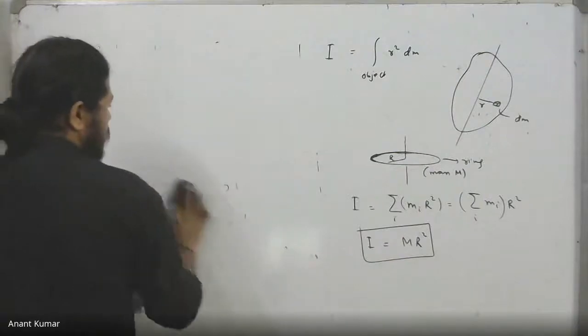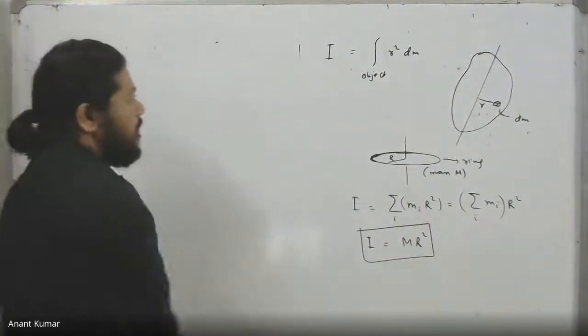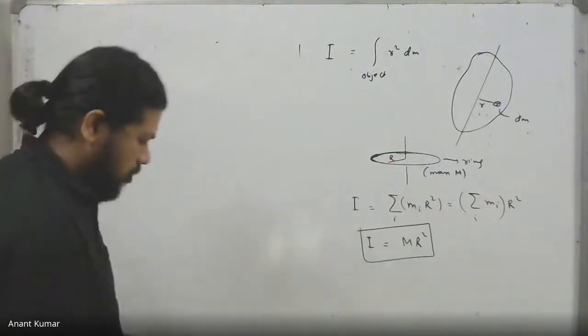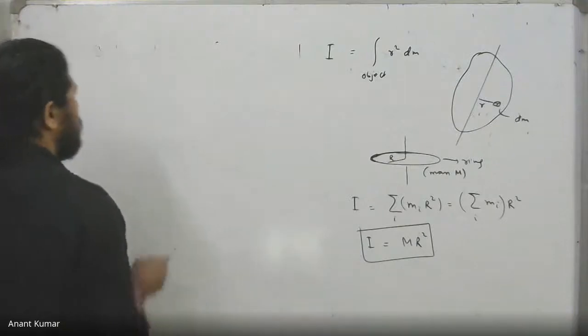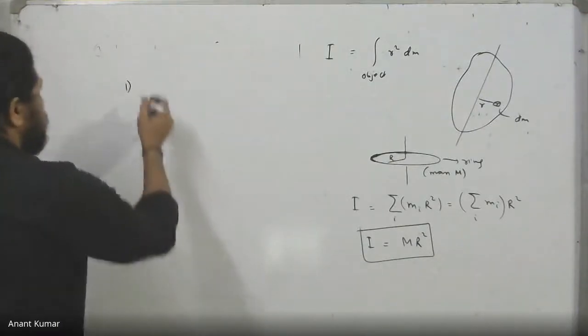Always remember that moment of inertia always depends on the axis. If we change the axis, the moment will change. There are two results. One of them is called the parallel axis theorem.